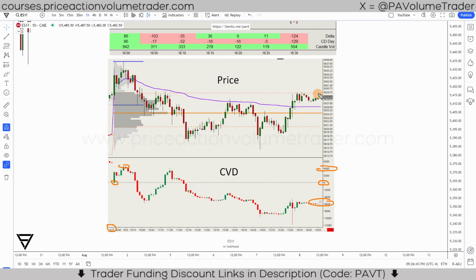So even though price closed pretty close to what the opening was for the day, overall, there was more participation from aggressive sellers throughout the day, which at the end didn't really make price go much lower. So you can do different analysis. This could be a sign that all this aggressive selling was getting just absorbed throughout the session, etc.